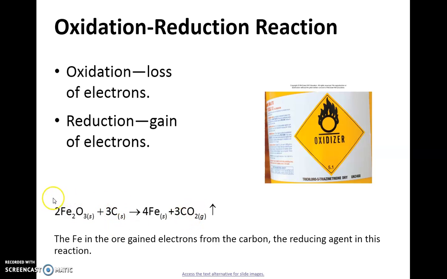Okay, so see what we have here. We have iron oxide, or rust. It's combining with carbon, and of course you've got to get the reaction started, and whenever that reaction does start, we end up with 4 pure iron atoms and 3 carbon dioxide molecules.